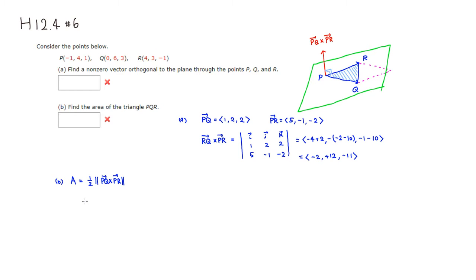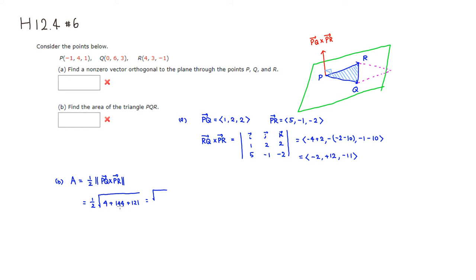So this is 1/2 times the square root of negative 2 squared, which is 4, plus 12 squared, which is 144, plus negative 11 squared, which is 121.